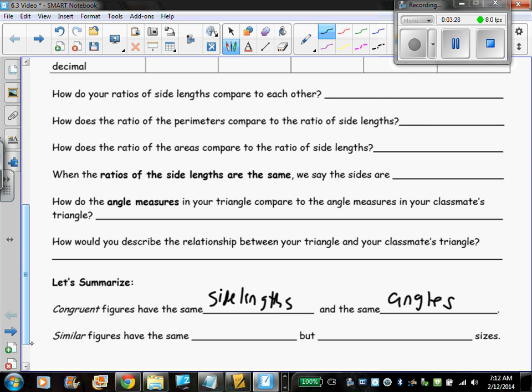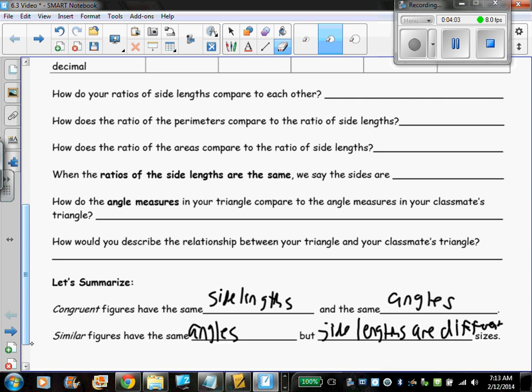But your similar figures have the same angles, as you probably noticed when you made your triangles, but their side lengths are different sizes. So yeah, that is the difference between congruent triangles and similar triangles.